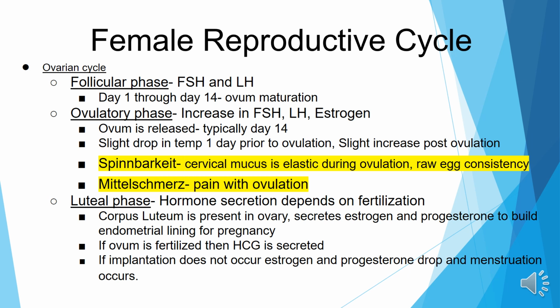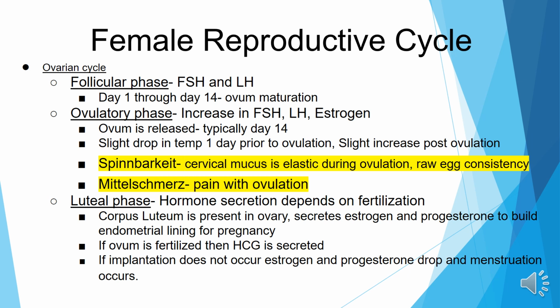So regardless of whether it's fertilized or not, that corpus luteum is going to start to build up the lining of the uterus, okay? Now, if the ovum is fertilized, then in addition to that estrogen and progesterone to build up the endometrial lining, we secrete human chorionic gonadotropin hormone, which is HCG, our pregnancy hormone, and is what is detected in a home pregnancy test.